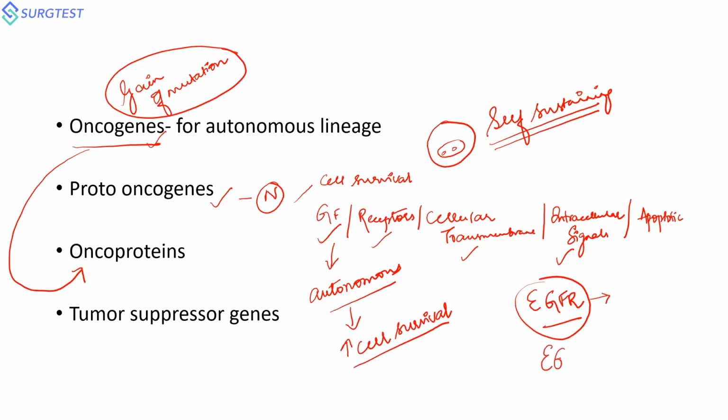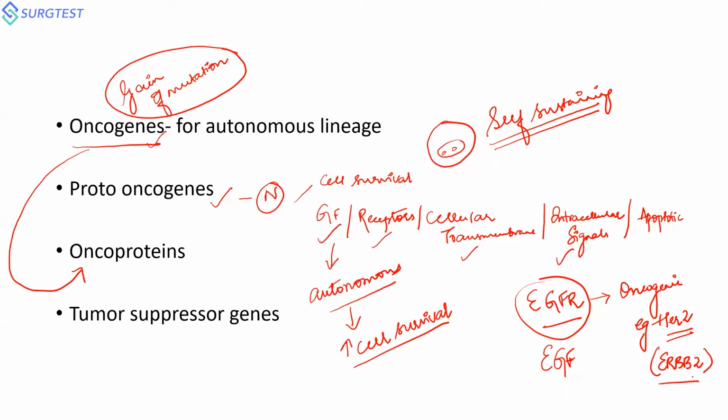These two are your normal proto-oncogenes. Whenever there is a gain of function mutation of this epidermal growth factor receptor, it results in an oncogenic epidermal growth factor receptor, an example of which you see in your breast cancer, the HER2 receptor. HER2 is otherwise called ERBB2.